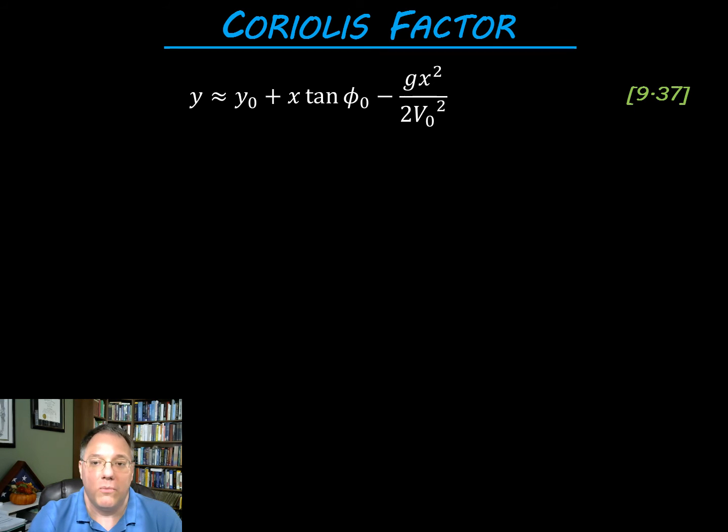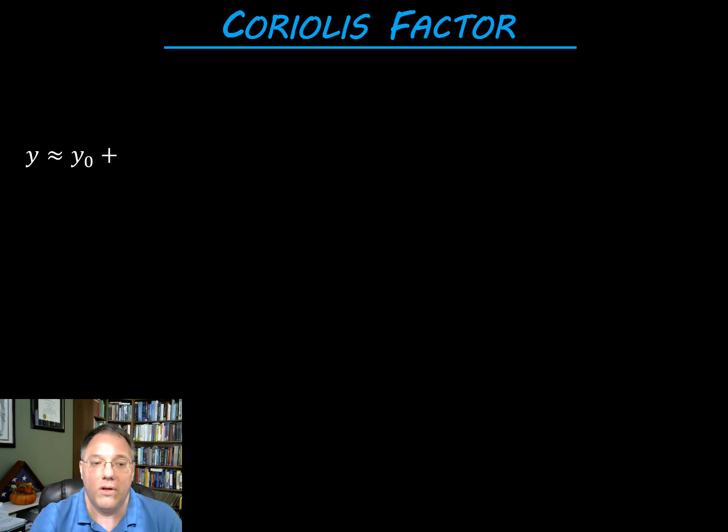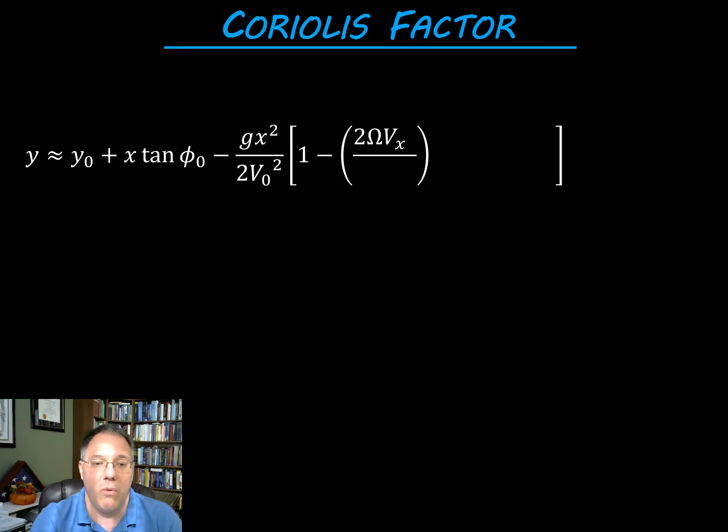Okay, so what I've got up here at 9.37 is our original equations of motion, where we're just looking at our location based on gravity. If we want to include our Coriolis effects, looking at what's going on in the y direction for our altitude, we end up with this term added to the end to give us our Coriolis effects due to the motion there.